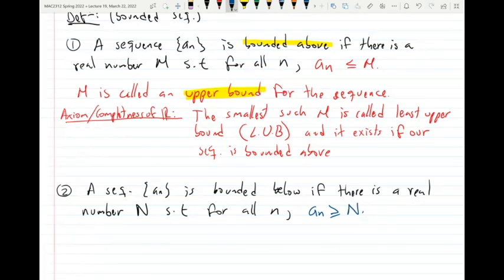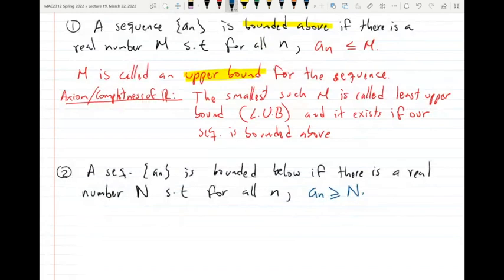In other words, bounded below means that there is a floor for a sequence. There is a value which the terms of our sequence do not go below. This number n is called a lower bound.